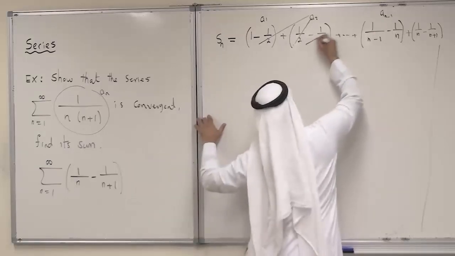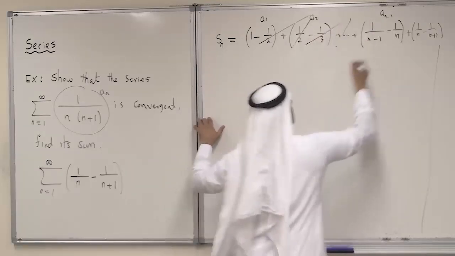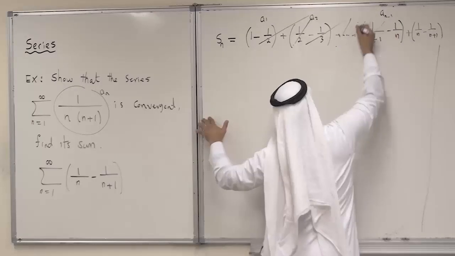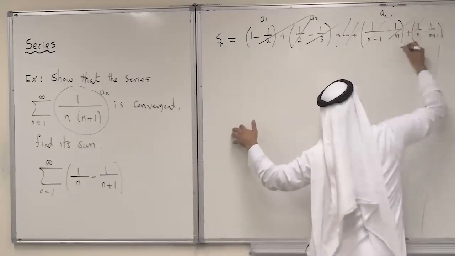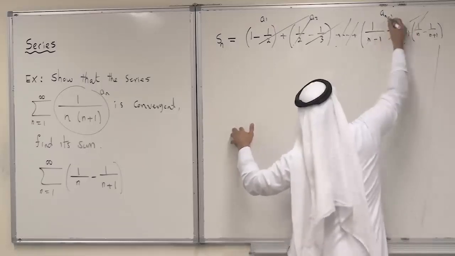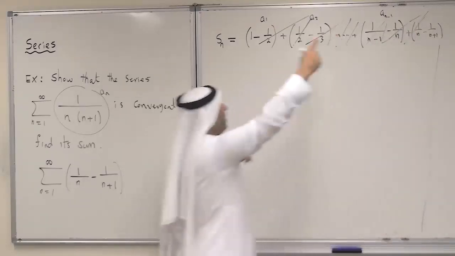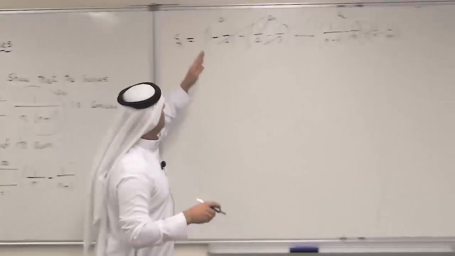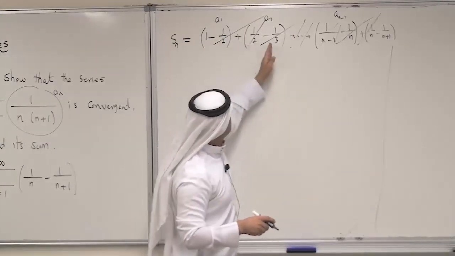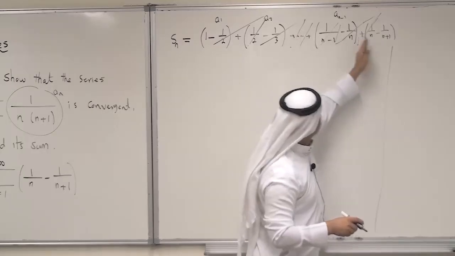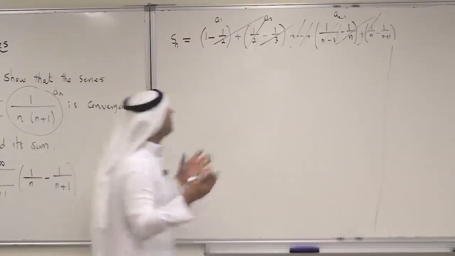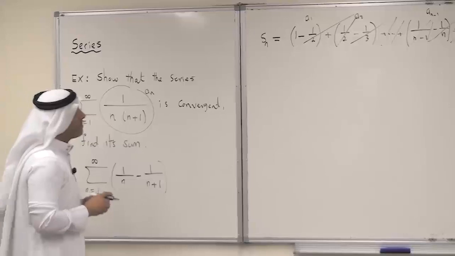Then minus 1/3 will cancel with 1/3. 1 over n will cancel with the previous one, minus 1 over n and 1 over n cancelling each other. So it's like we are moving in a telescope. What's going on here? This term will cancel with the next one, this term will cancel with the next one, this term will cancel with the previous one, and so on. So which terms will survive at the end?